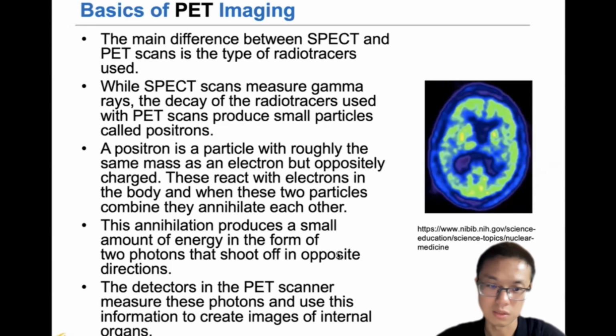They shoot out in opposite directions. So these energies can be detected by the PET scanner, and can be used to measure the information and generate images of the internal tissues or organs.